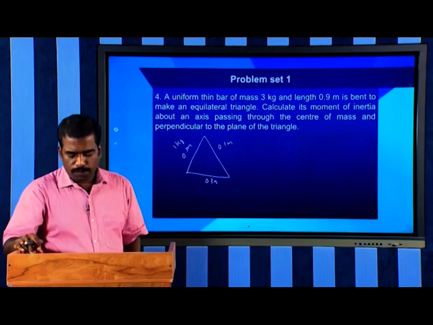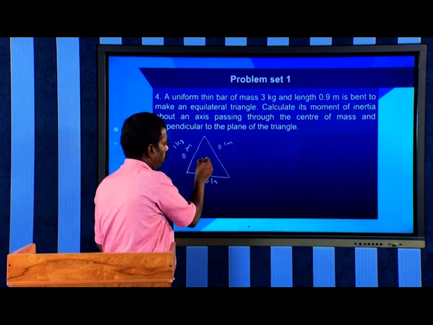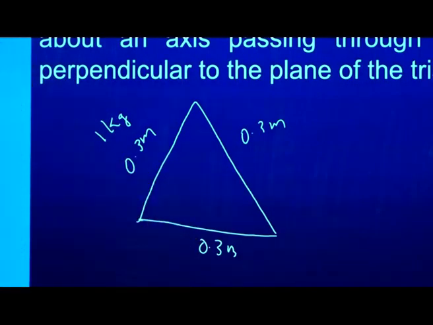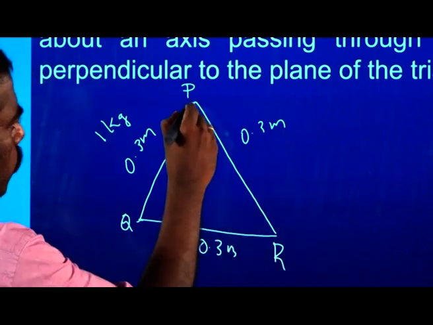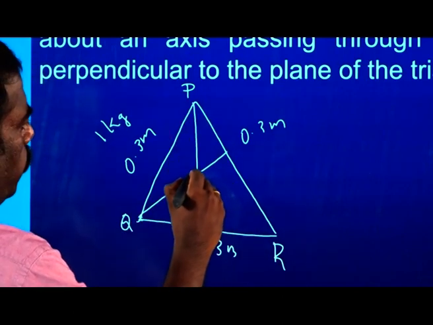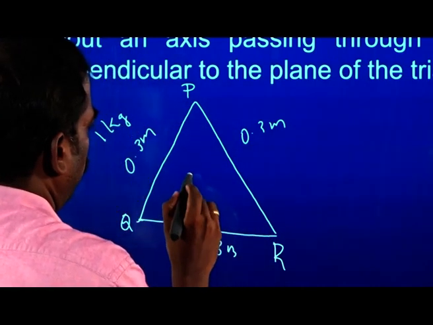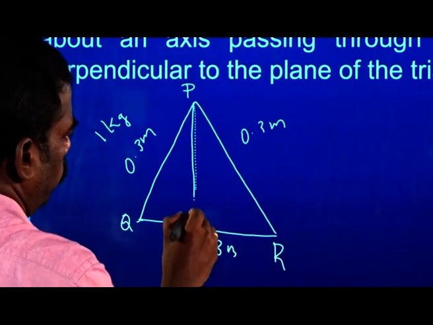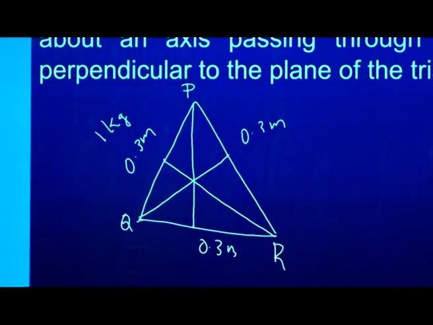And we need to find out the moment of inertia about an axis passing through its center of mass and perpendicular to the plane of the triangle. First, we label the vertices P, Q, R. This is the point of intersection.